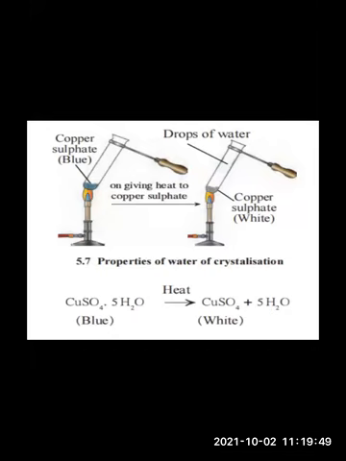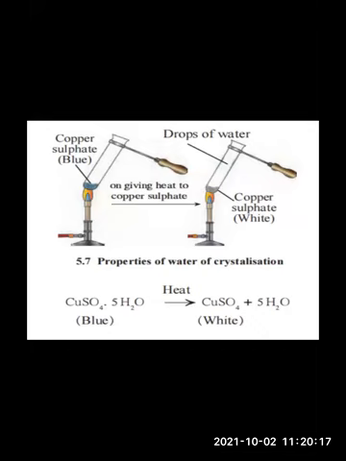Conversion of copper sulfate, which is blue in color: on giving heat to copper sulfate, what we are getting is copper sulfate which is white in color due to dehydration. But when you add water again to that white powder, we get back the blue colored solution. So from this, what inference can you write? That heating does not cause any chemical change in the blue vitriol.